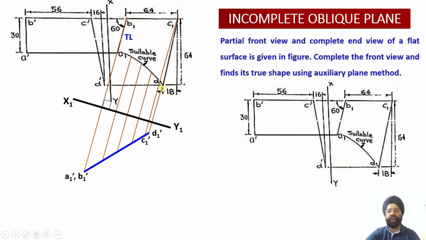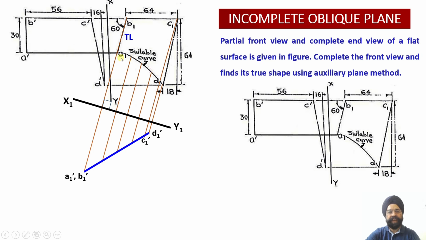Some people will draw the curve like this, some people will draw a curve with lesser curvature, and this is another curvature which I have taken. Whatever the curvature is, it doesn't matter, because this is a suitable freehand curve. Once you draw this freehand curve, you can mark 3 or 4 points onto it.